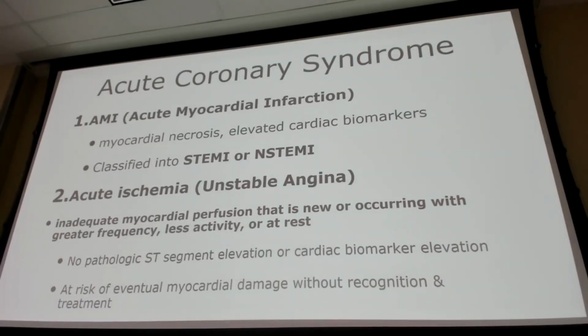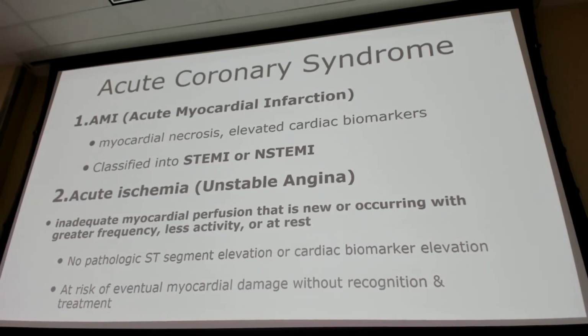All right, let's move into acute coronary syndrome. We have three different terminologies we use here, three different pathologies we're trying to identify. Acute myocardial infarction is STEMI or NSTEMI, and then we have acute ischemia, which is unstable angina.